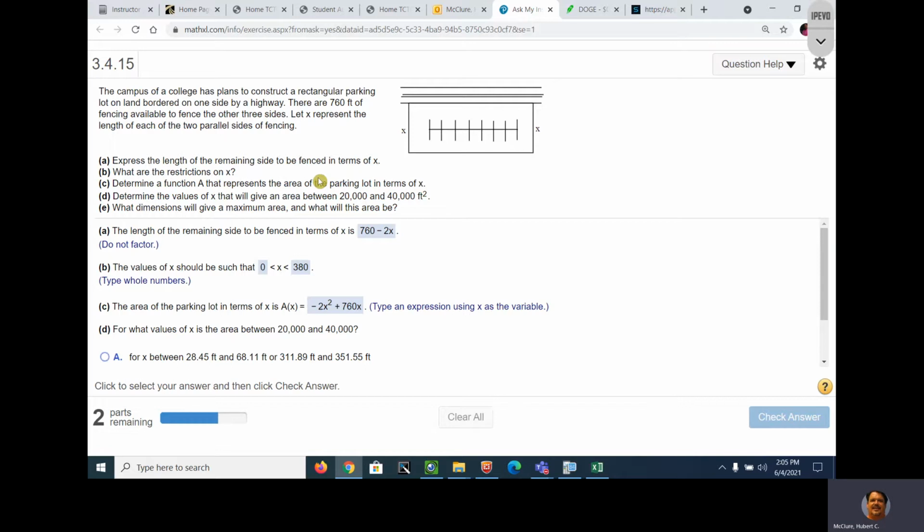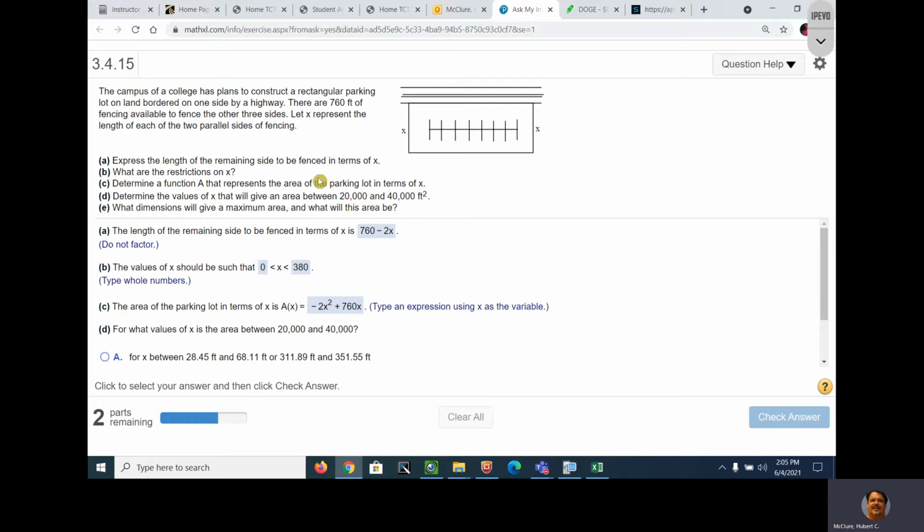So the area of this parking lot is going to be 760x minus 2x squared, or negative 2x squared plus 760x.